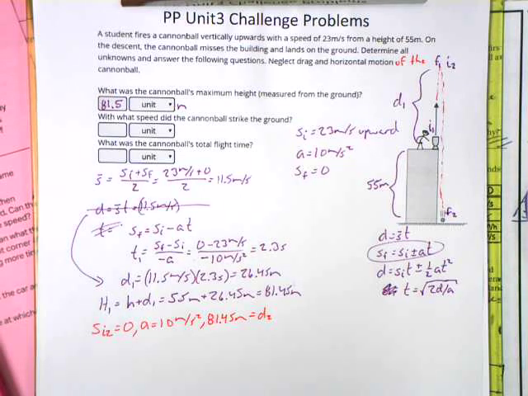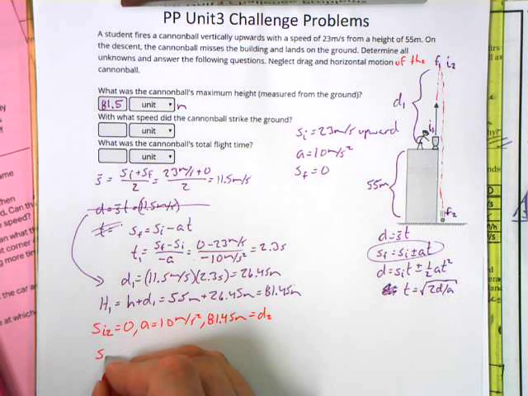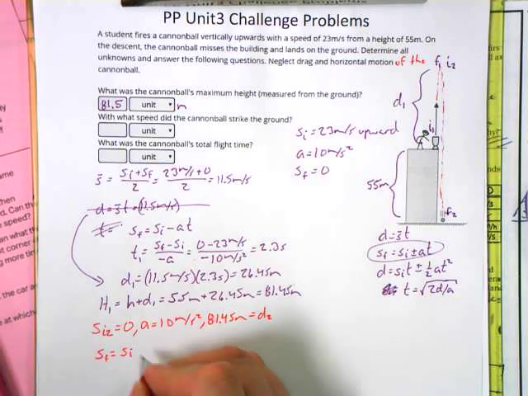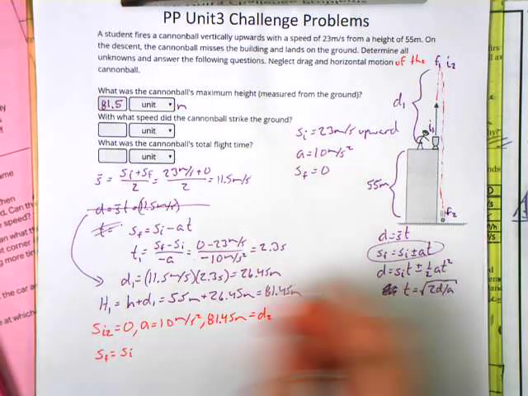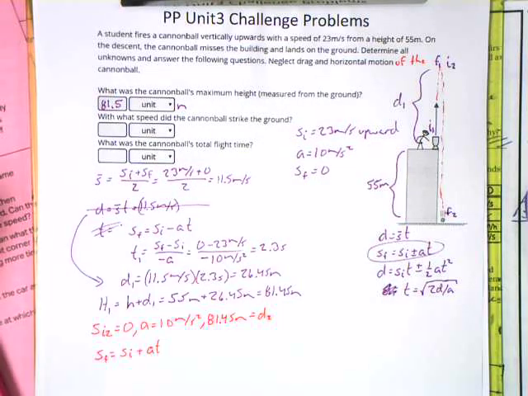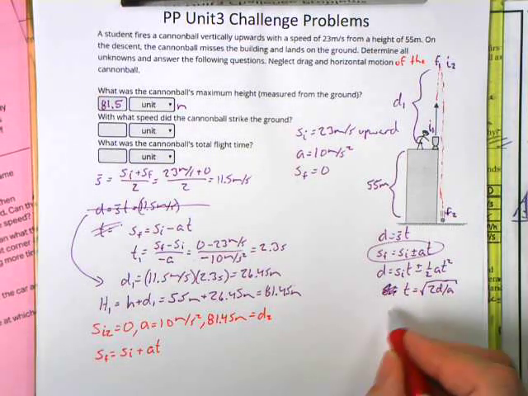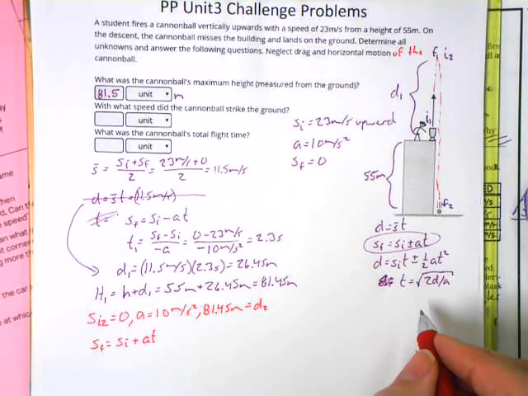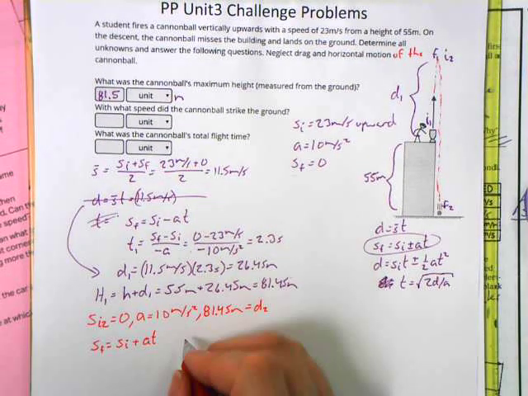They want to know final speed. So final speed is equal to initial speed plus or minus. It's going to be plus because it's speeding up. Acceleration multiplied by time. Again, we do not have the time, so we're first going to use the equation they have for time in terms of distances and accelerations.